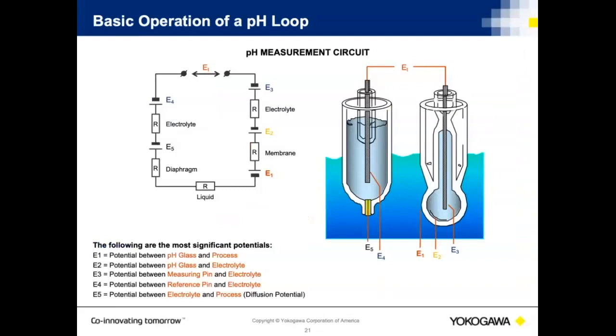If I look at the basic operation of a pH loop, you start to see some of the issues we're dealing with. As we look a little bit closer, they become more defined as we look at high purity water, because high purity water in and of itself is not supposed to contain ions.